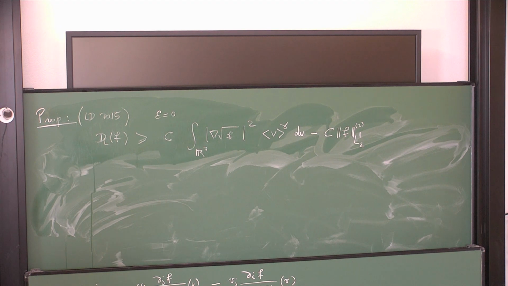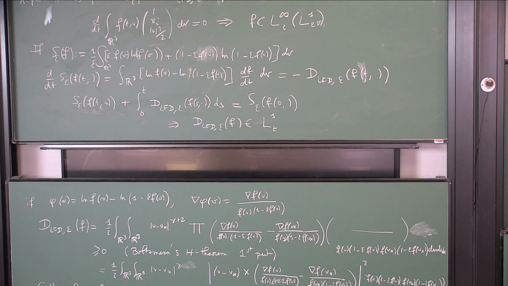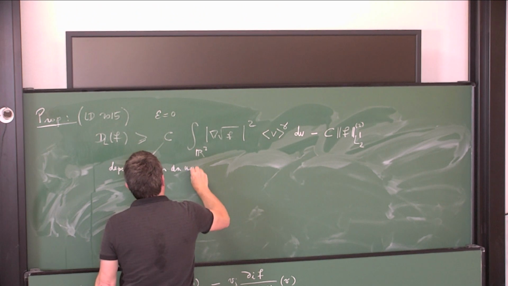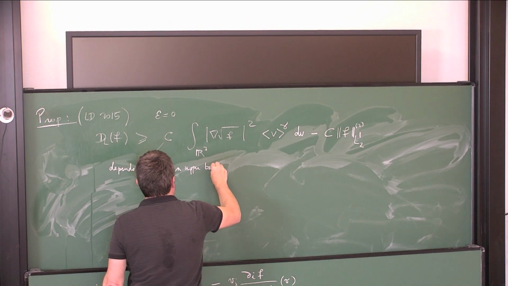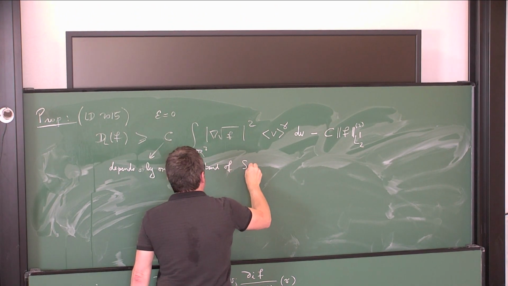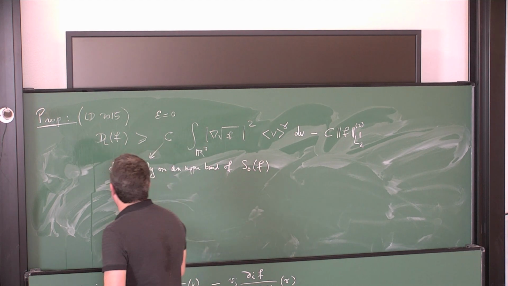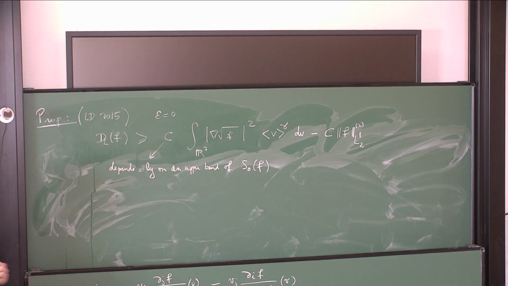And here, the constant C depends only on one thing: an upper bound of the entropy itself, which in that case is S0 of f in the case of the Landau operator.